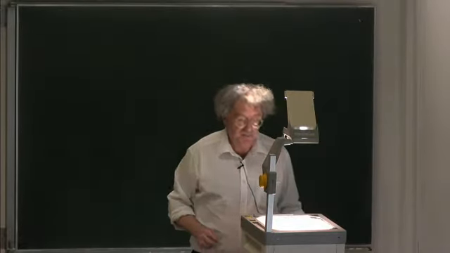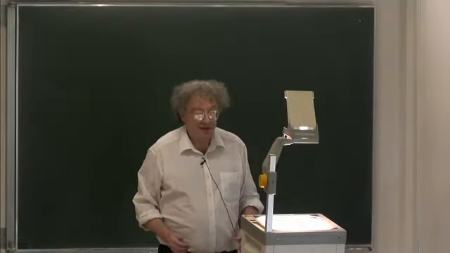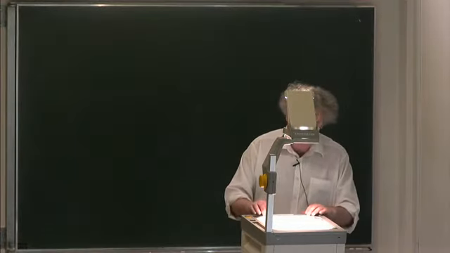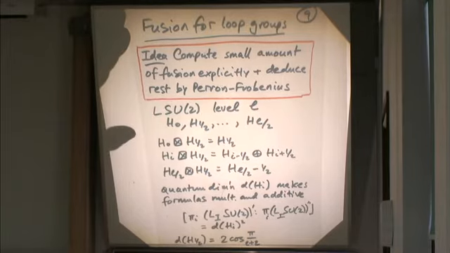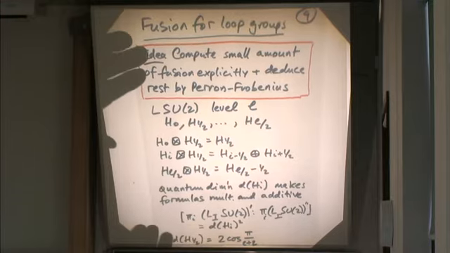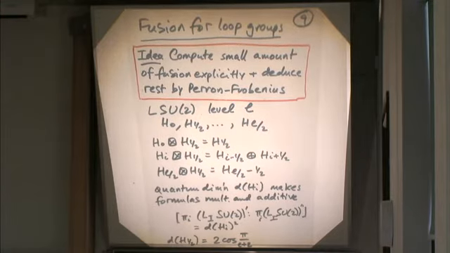Right, so fusion for loop groups. My loop group will be the loops on SU2 for the moment. So I'm just going to recall how, assuming that Vaughan Jones exists and has done all his work, we could do fusion for SU2 with as little work as possible.